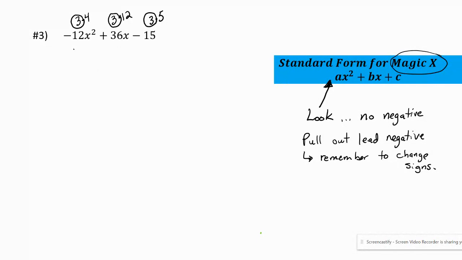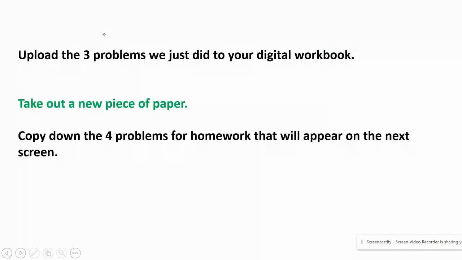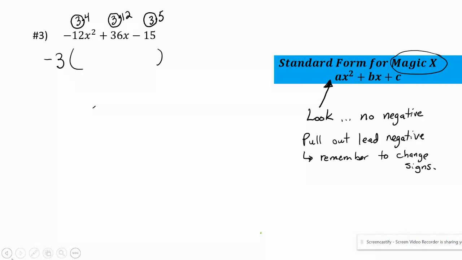So we're going to put our parentheses. We're going to pull out negative 3. And in these spots, I'm going to change the sign. So this positive will become a negative, and this one will become a positive. So we're not pulling out any letters this time because there are no letters in the back.